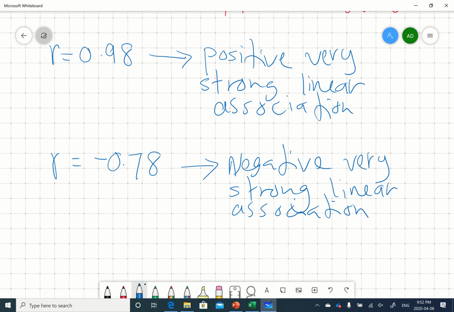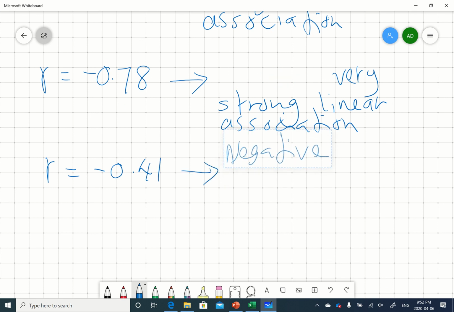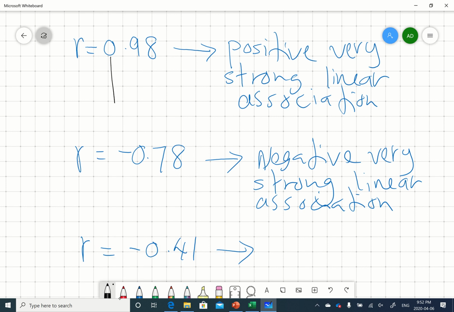And if R is, let's say, -0.41, still the association is negative. If I roughly sketch the scatter diagram for this data set, your scatter diagram would be something like this.